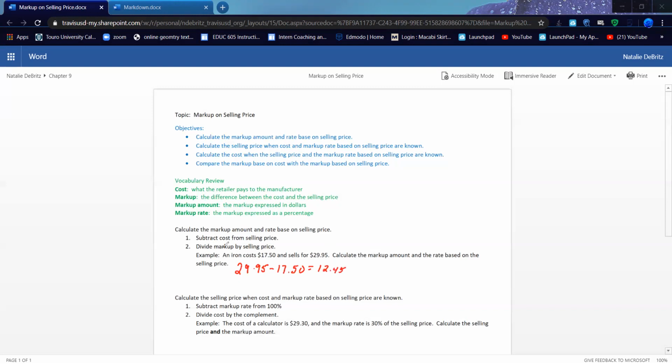And then you're going to divide the markup, which is what we just found, by the selling price. So this is the markup.